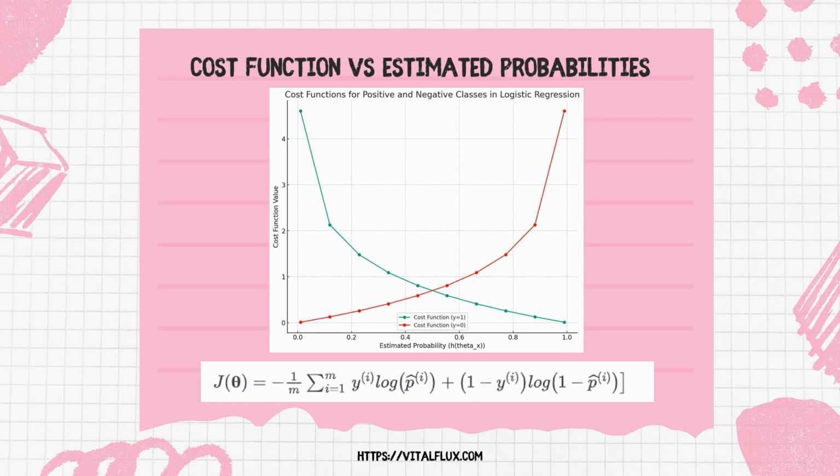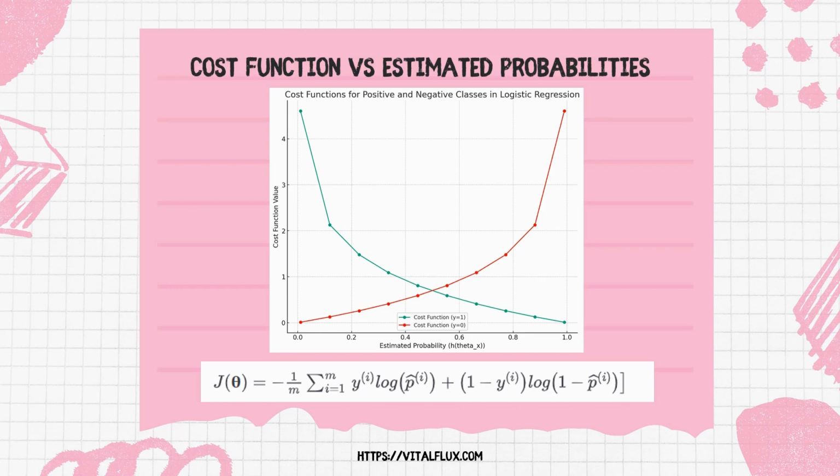The green curve represents the cost when the actual outcome is positive, while the red curve represents the cost when the actual outcome is negative. As we discussed earlier, for the positive class, the cost decreases as the model confidence in the positive outcome increases, and that is depicted by a higher value of estimated probability. That's where the downward slope of the green curve comes into the picture.